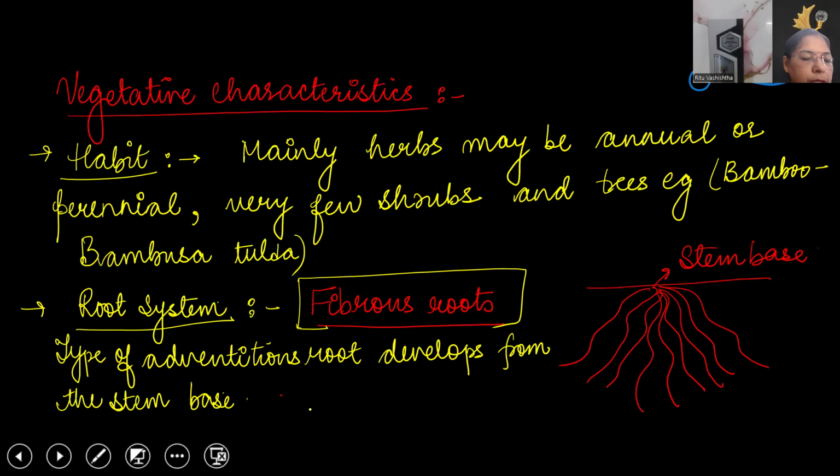Now I will take up the next part among the vegetative characteristics, which is the stem. Here you will find the stem is cylindrical, jointed. I'll explain all the terms.